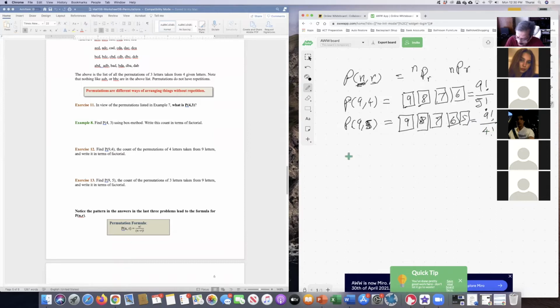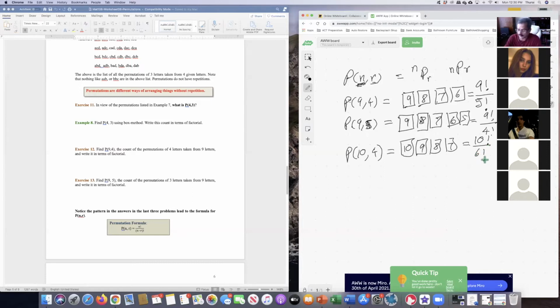Okay, let's do one more. P10,4. That'll be 4 boxes and 10, 9, 8, 7. The product of that will be the answer. That's equal to factorial 10 over factorial 6.